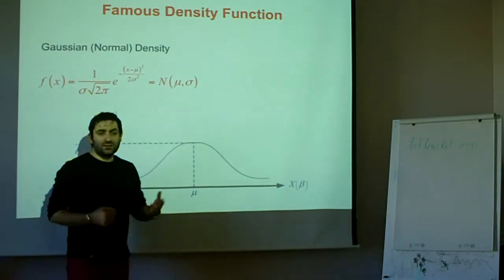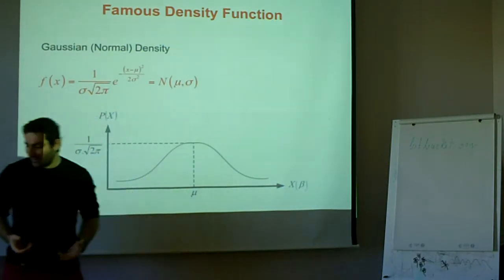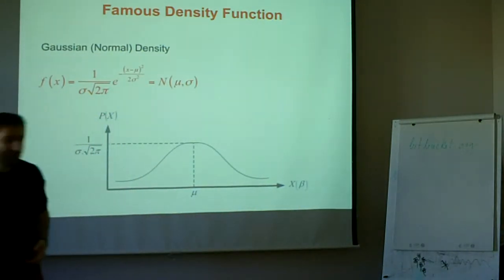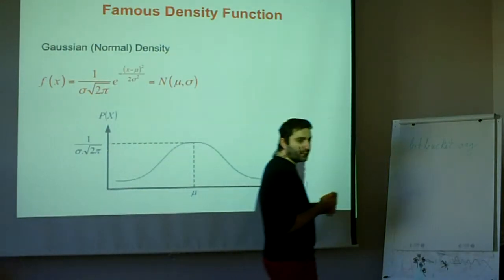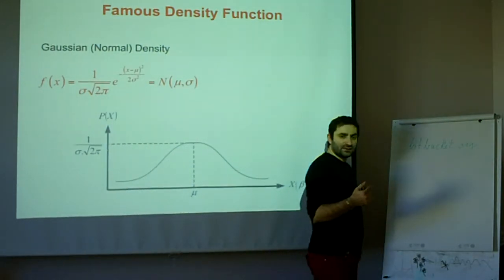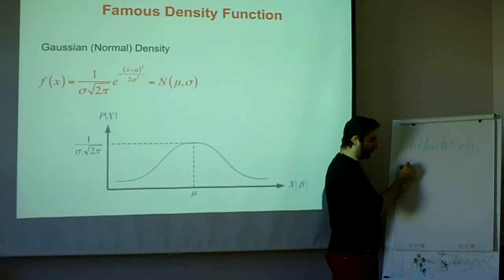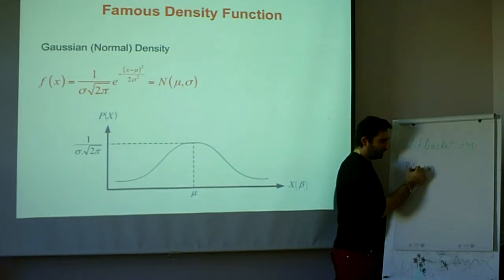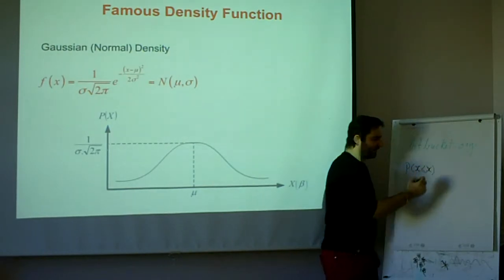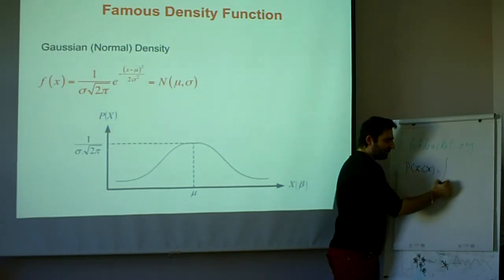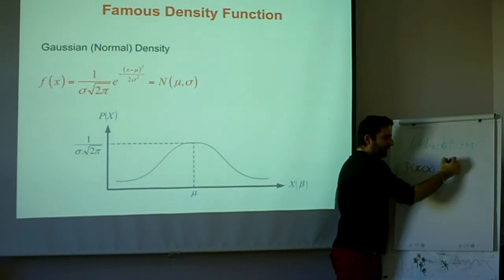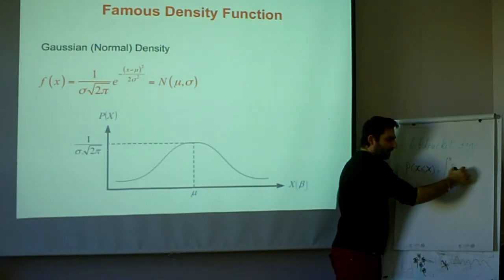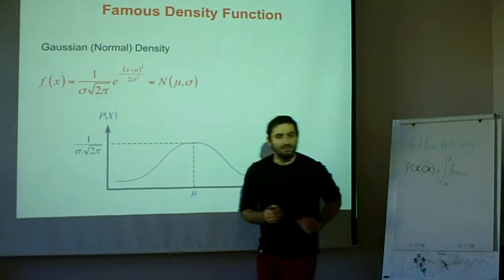Of course, we want to calculate the probability, and we remember that in the continuous form, the probability of X less than x is the integral from minus infinity to x of f.